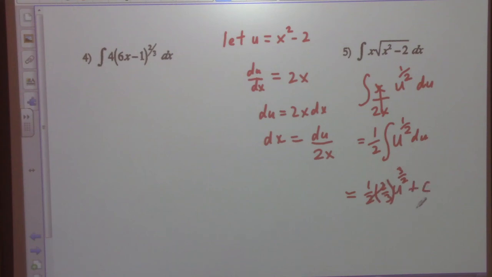You've got the plus c. So what do we have left? 1/3, then x squared minus 2 to the 3/2, plus c. So that is it.